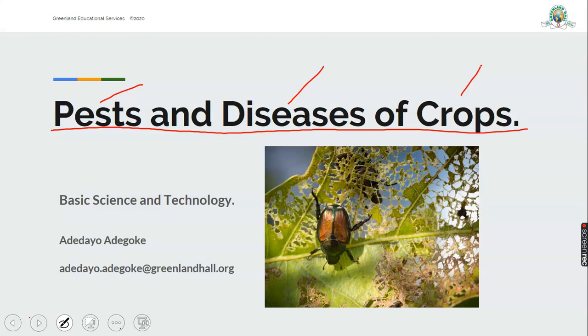These are the negative effects of the actions of different things, be it pests or weather or whatever they have on crops, and it damages crops. Look at this picture that we have here. You can see this insect, this beetle, attacking this leaf. This is what we call pests and diseases of crops.